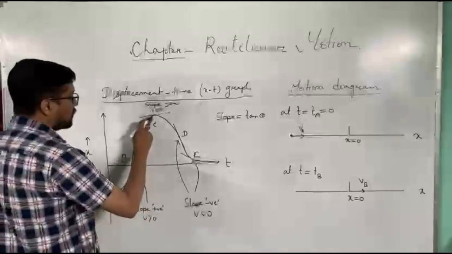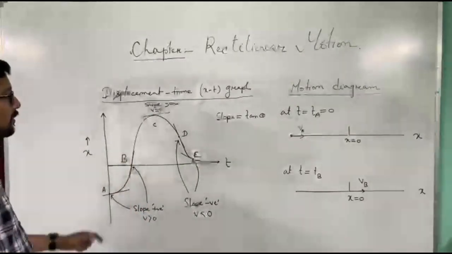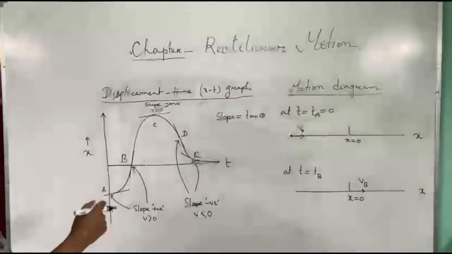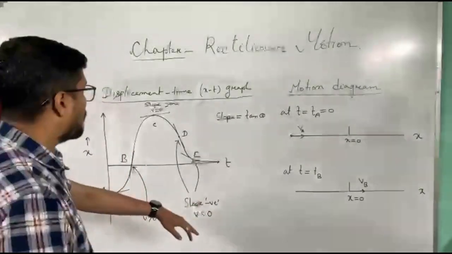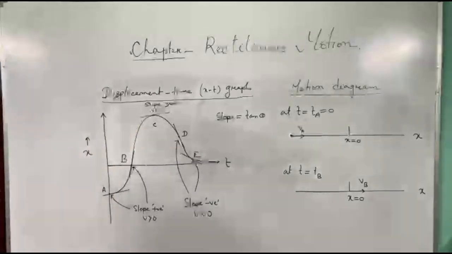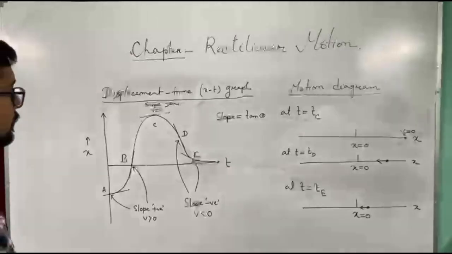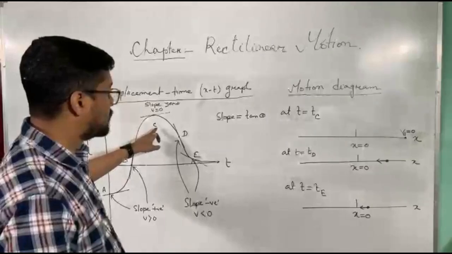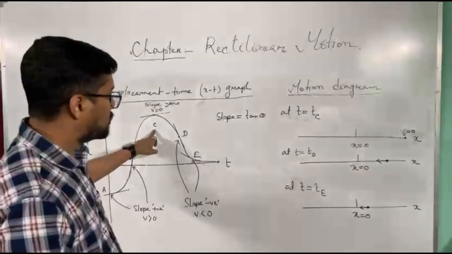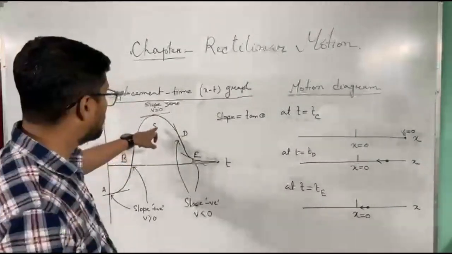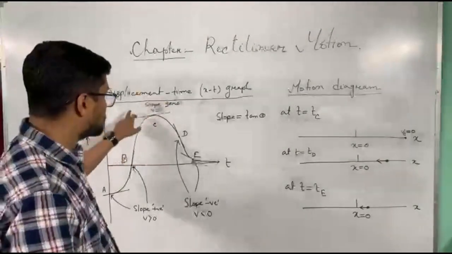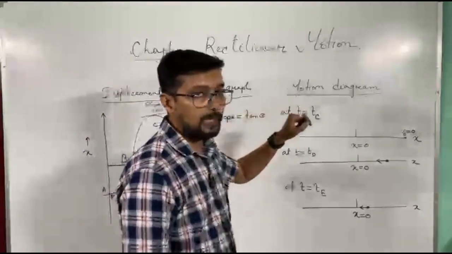Now this also can be represented in the motion diagram. Let us now draw the motion diagram for this position. At position C, as you have already got, the velocity is 0 because slope is 0. This situation let us now see in the motion diagram.